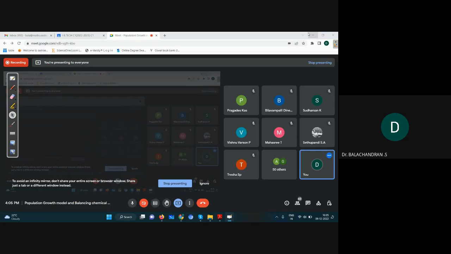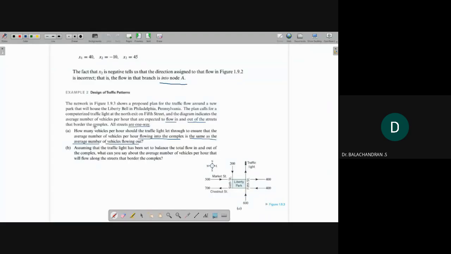What we need to find out from subdivision A. Actually, we need to find how many vehicles go through this traffic light.